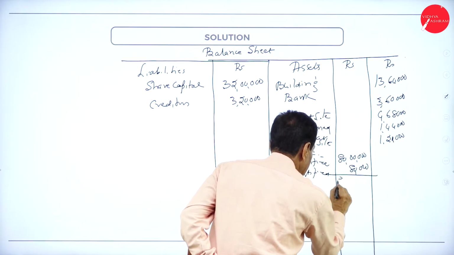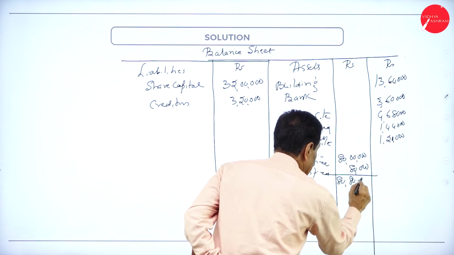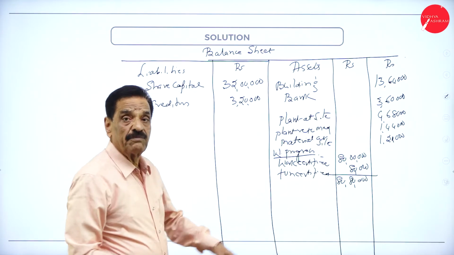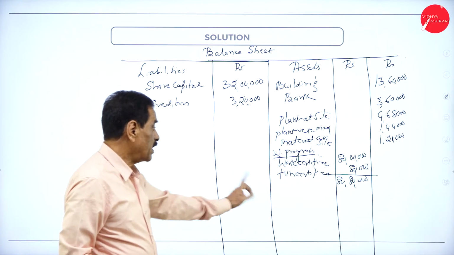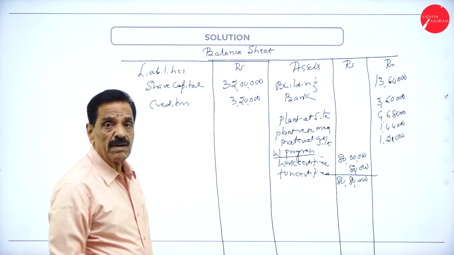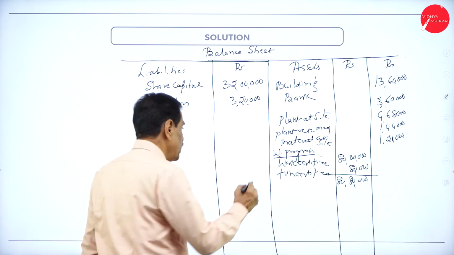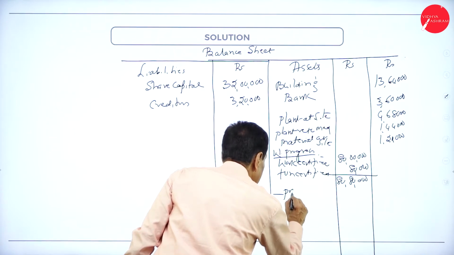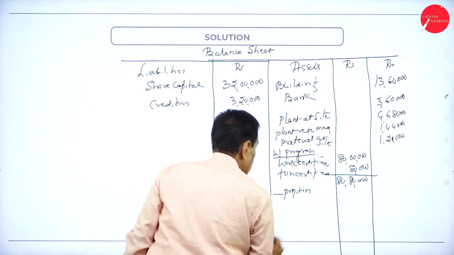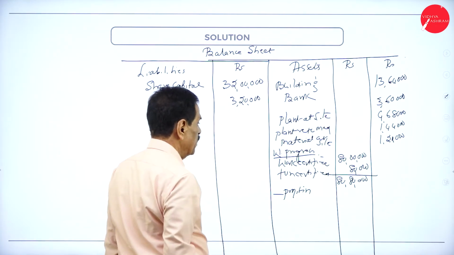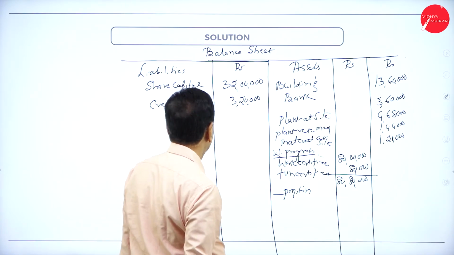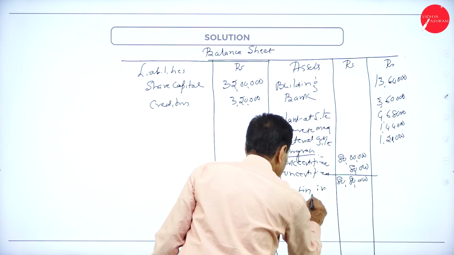This becomes 80 lakh, 80,000. Work certified is 80 lakh. Work uncertified is 80,000. Become 80 lakh, 80,000, minus profit in reserve.